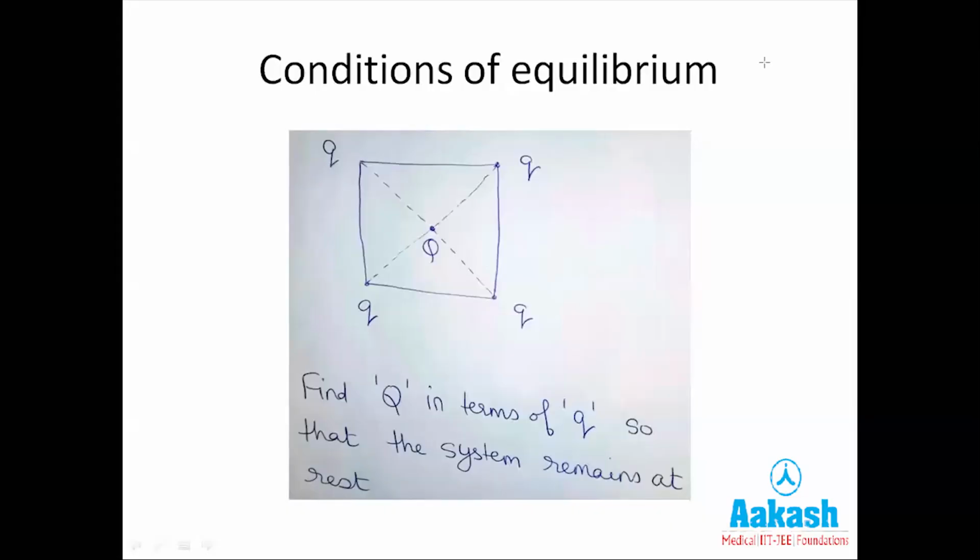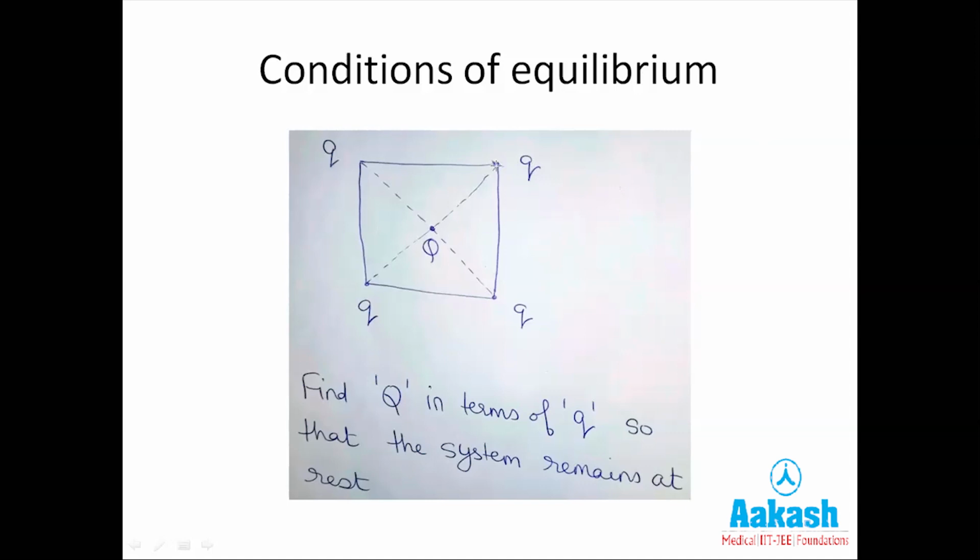There is one more problem which we can take in conditions of equilibrium of a single particle. In the given diagram, you can see that there are 4 charges small q at 4 vertices and a charge capital Q at the center of this square. They have asked us to find capital Q in terms of small q so that the system remains at rest. Now we can consider all the charges as positive and take one small q.